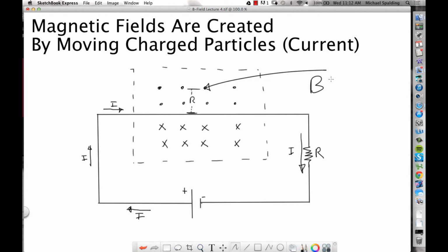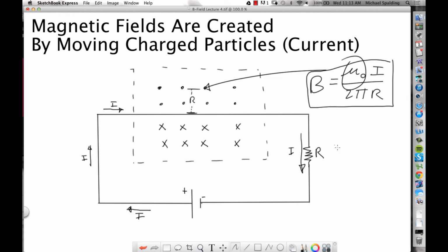The equation is B equals mu naught I over 2 pi r, where mu naught's a constant. Don't memorize it, I'll give it to you: 1.26 times 10 to the negative 6 Tesla meter per amp. That is a given, okay?